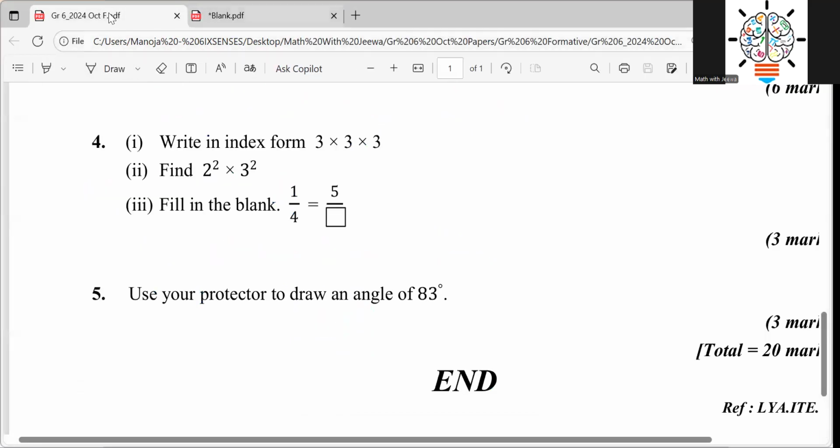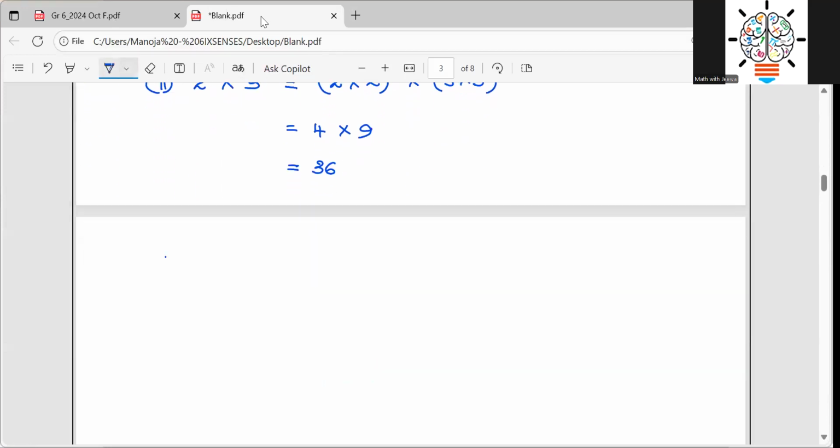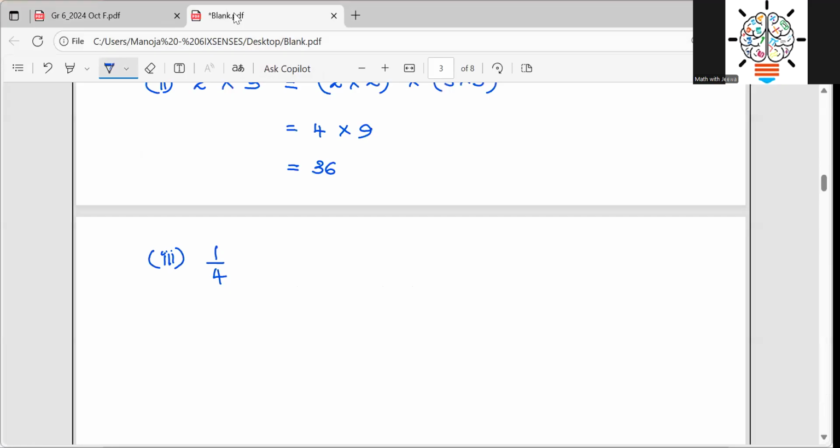Then the next one, 1 over 4, you want to fill the blank. See what has happened over there. So this is from the equivalent fraction lesson, 1 over 4. Then we have 5 and we have the blank.